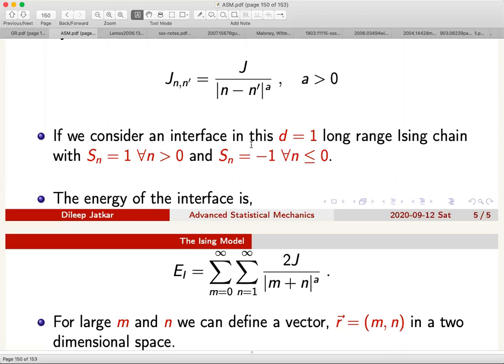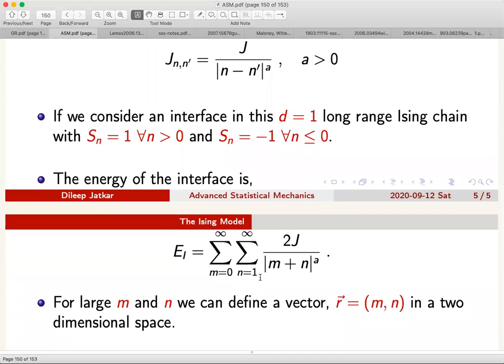Why plus? Because the quantities which are computed along the red indices or maybe green indices are negative. So n minus n prime actually becomes m plus n, to the power a. Since it's a mod, it doesn't matter. Maybe it is minus m minus n, but it doesn't matter really.